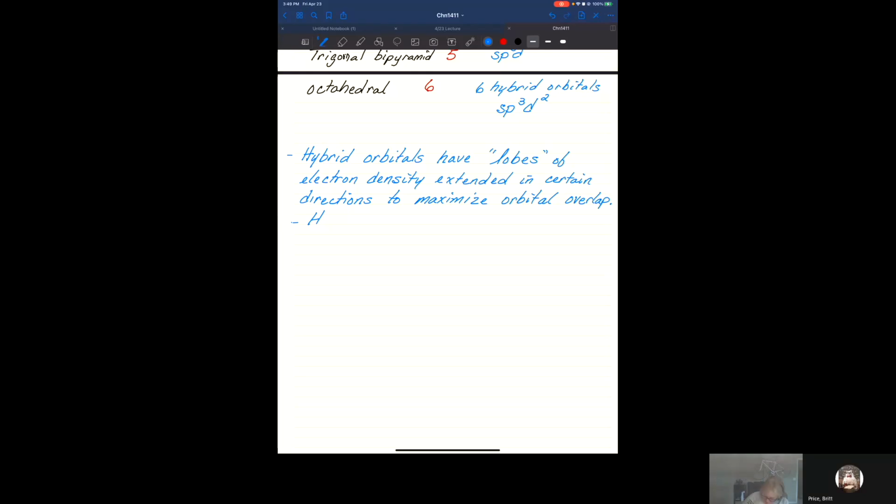Hybridized orbitals also account for lone pairs of electrons on a center atom.